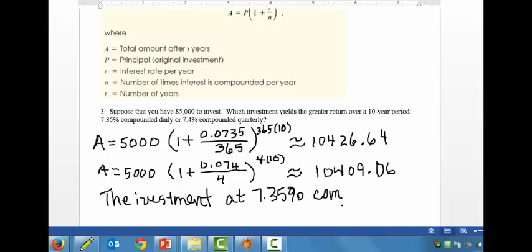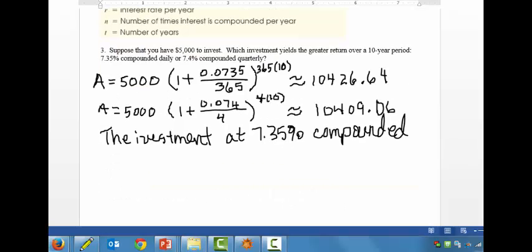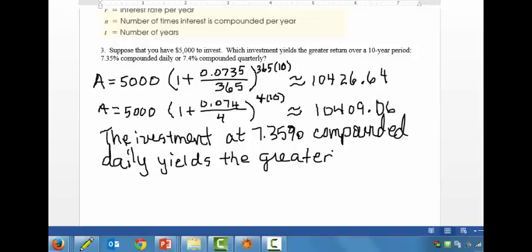It turns out, though, the investment at 7.35% compounded daily yields the greater return of $10,426.64.